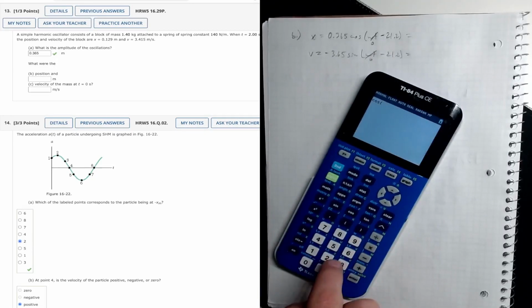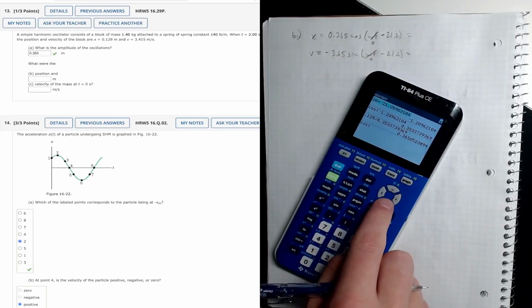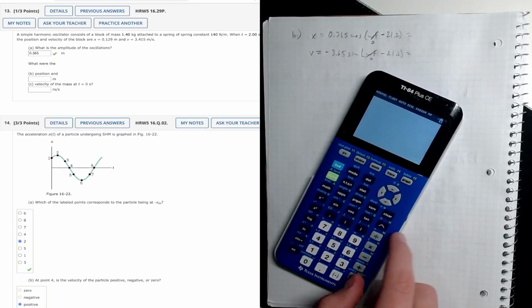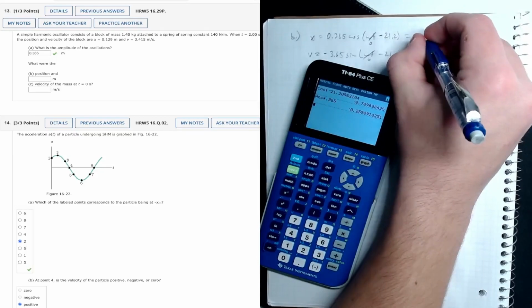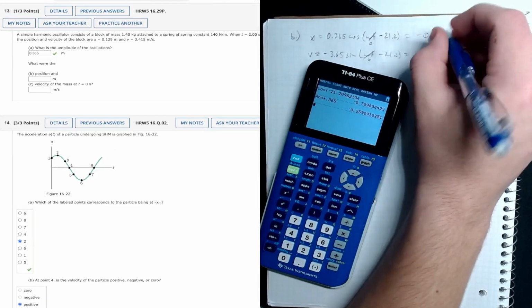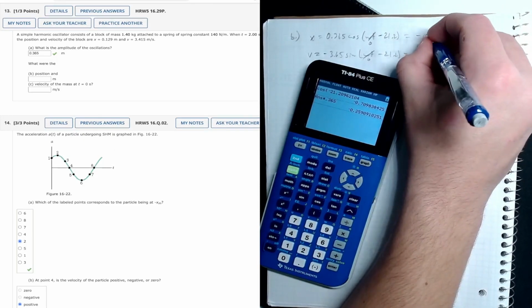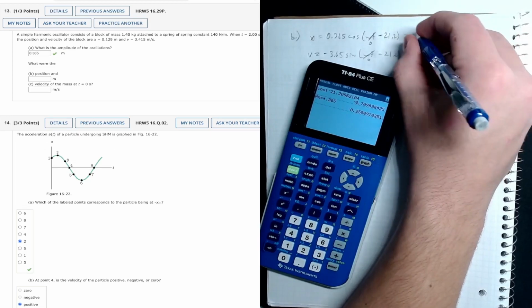So we have cosine of the phase constant times 0.365, which is negative 0.259.